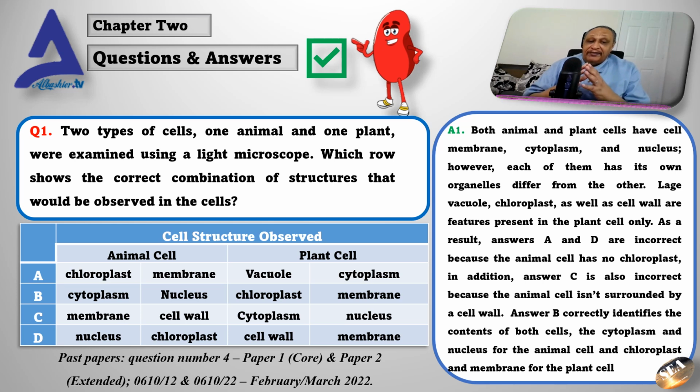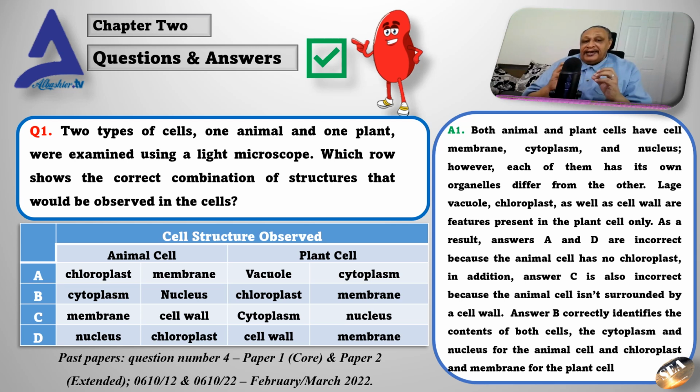It was question number 4 in paper 1 core and paper 2 extended in February-March 2022. So it came in both papers, the core paper and the extended paper, in the same session. Now, let us see the answers.